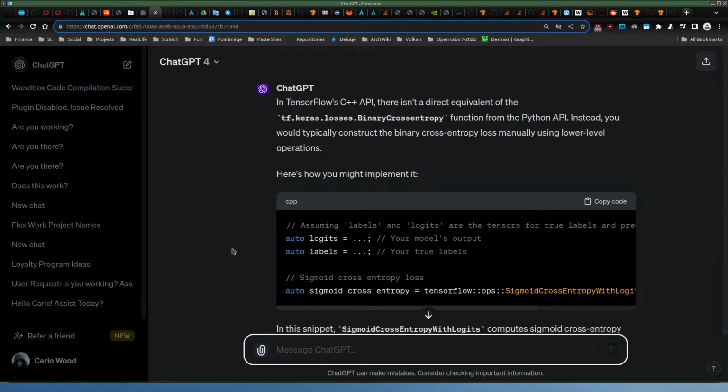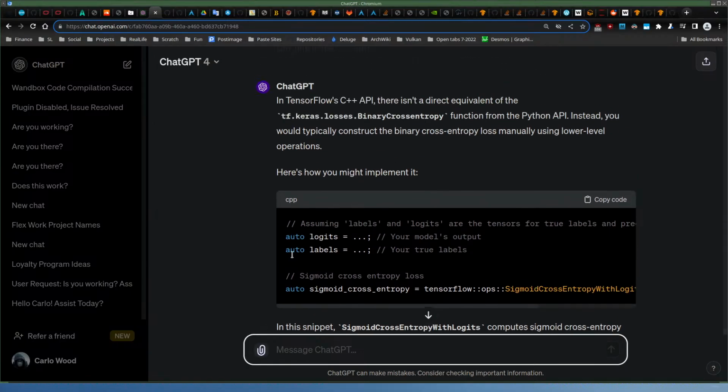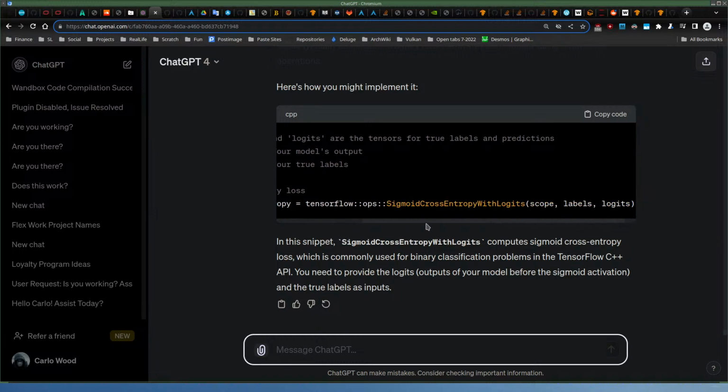This is so stupid. There isn't a direct equivalent of... Here's how you can implement it. This is sick. Sigmoid cross entropy. What?